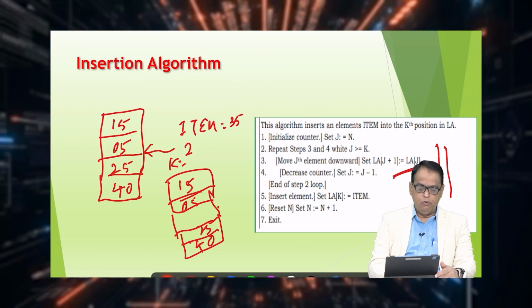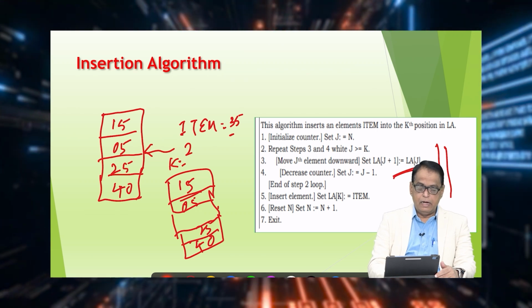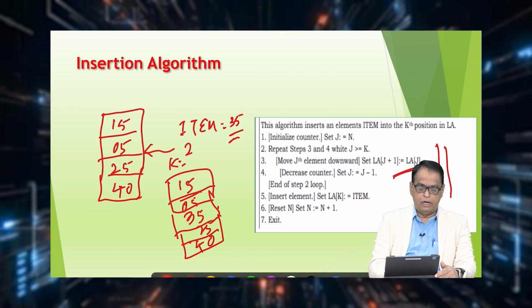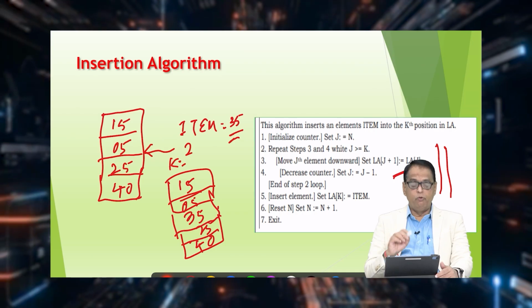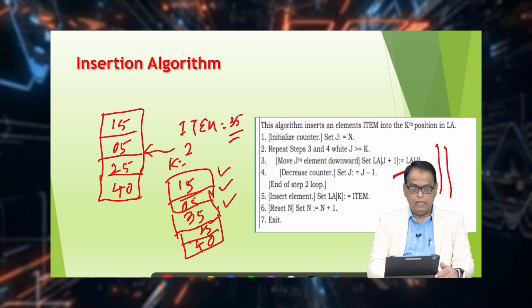Then I will create a space here, and now I can add the element 35 into the array. So now you will find that the number of elements in the array becomes 5. My original number of elements was 4, but the new element has been added, so the number of elements in the array is now 5.